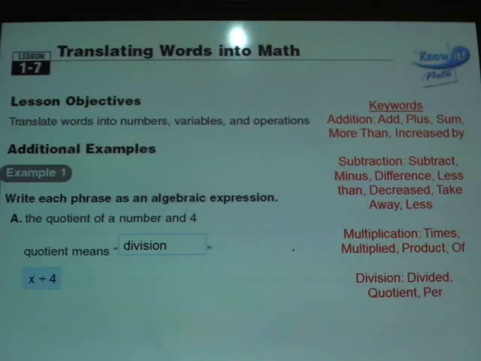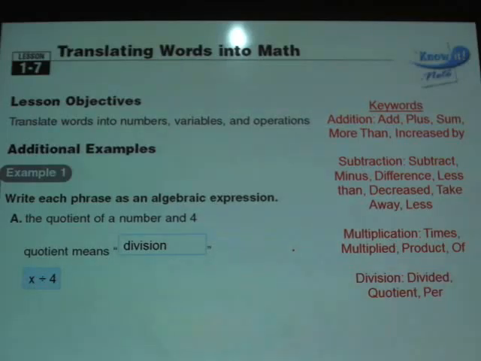Multiplication will make itself known using times, or multiplied, or product, or the word of. And division will put in an appearance when we see divided, or quotient, or per.